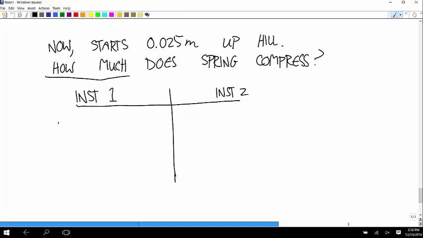Okay, so at the top of the hill, the gravitational potential energy is the mass, 5 kilograms, times 9.81, times the height of 0.025.